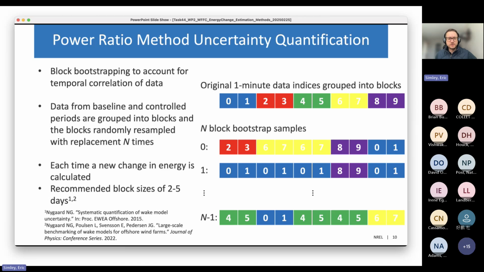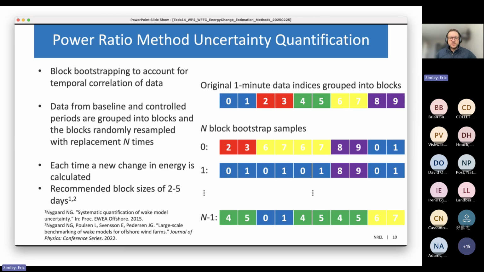It at least tries to correct for that. An example of this would be, like you said, a diurnal cycle. So the power at one minute is going to be highly correlated to the power the next minute, and maybe for the next couple hours, depending on the wind conditions at the site.